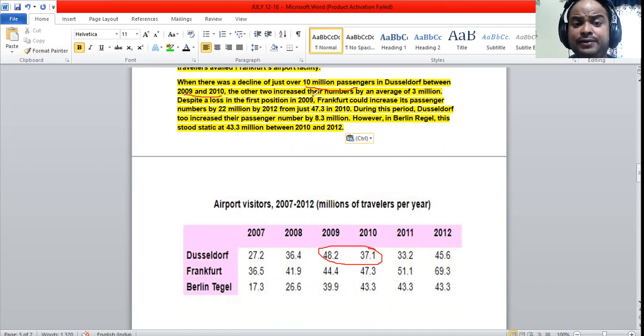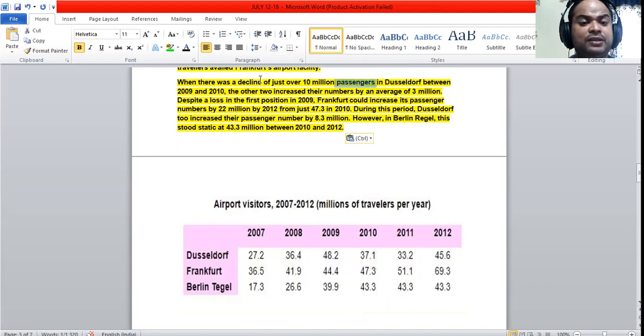The other two increased their numbers by an average of 3 million. So it's almost a 3 million increase. So now I have to write something else here instead of passengers.